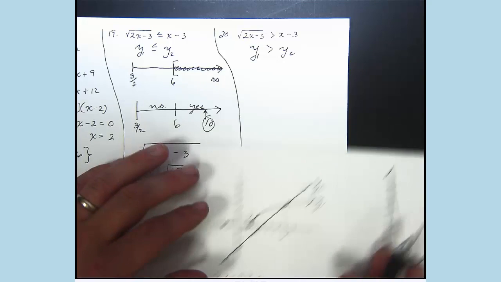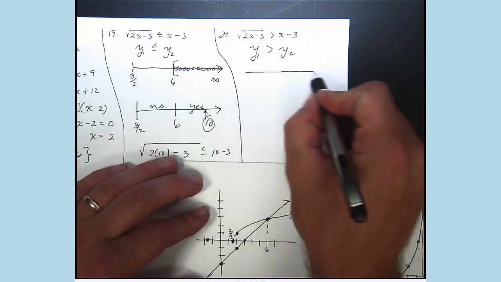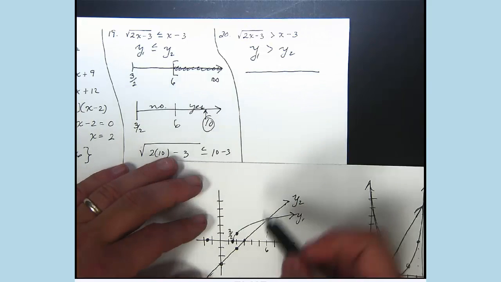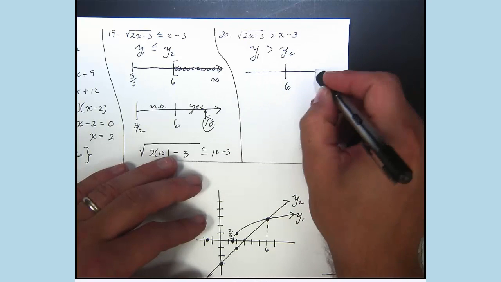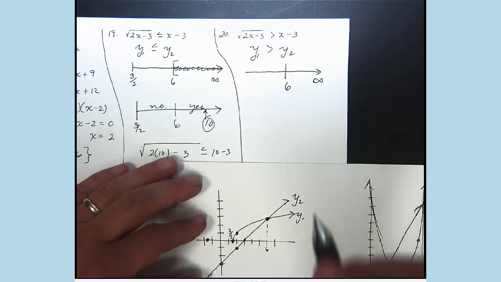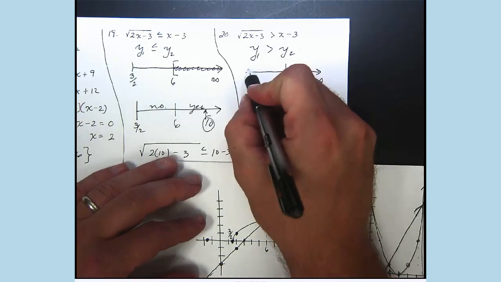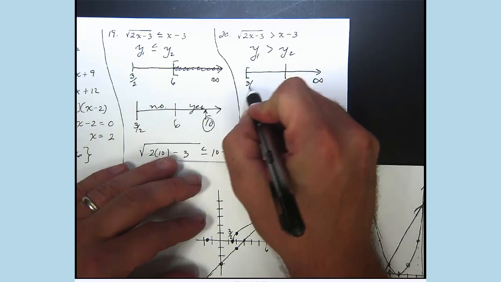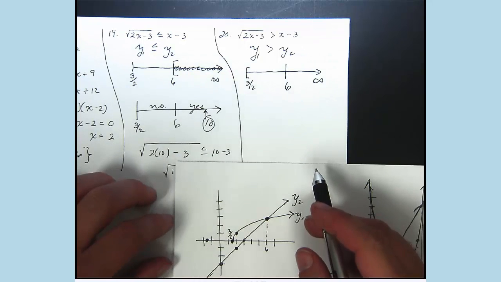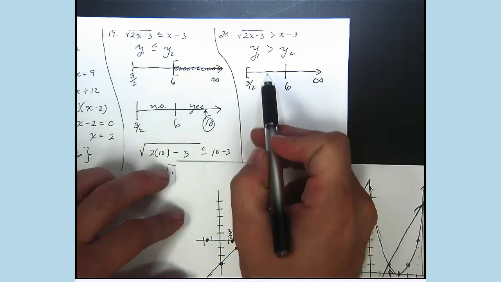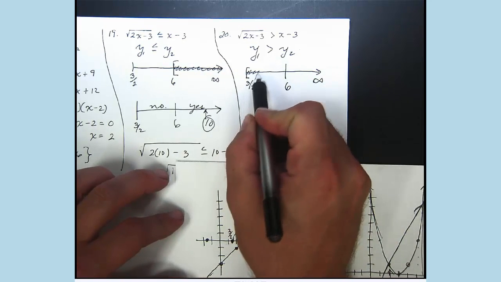How long before 6? A lot of students make the mistake of saying, oh, before 6 works, so it's negative infinity to 6. But no, it's not. Because the domain of possibility ends at 3/2. You don't have to negative infinity here. So your answer is just between here and here.